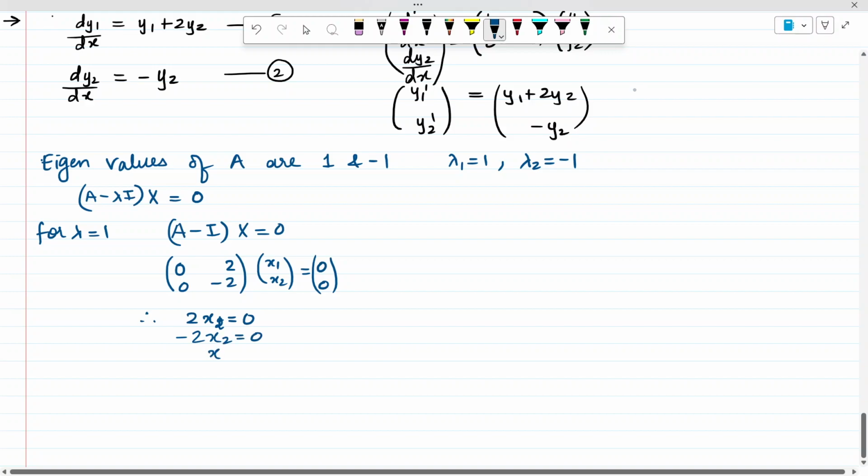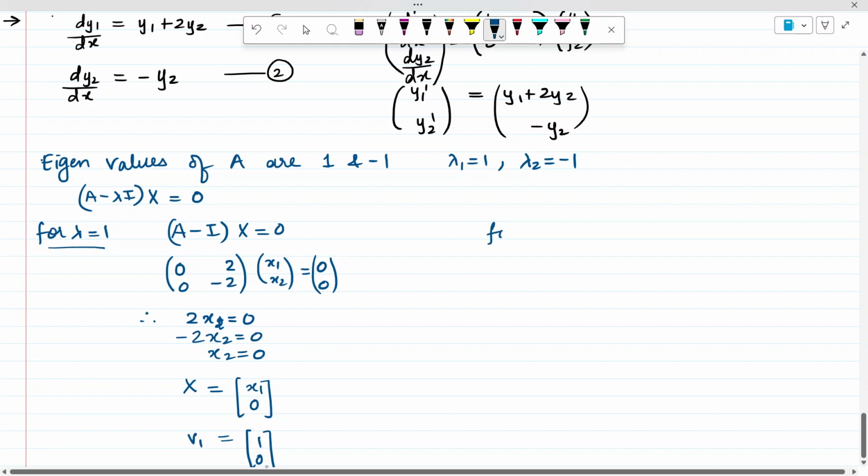So in both cases I'm getting x2 is 0, but there's no value of x1 which is available. So my capital X becomes x1 times 1, 0 as the eigenvector. This is my eigenvector, say v1, which I got for lambda equal to 1.